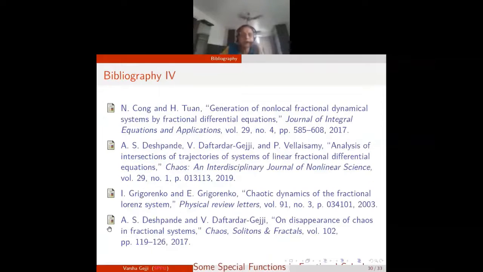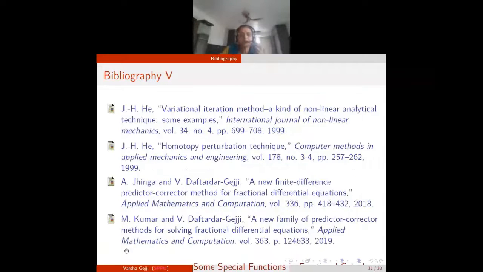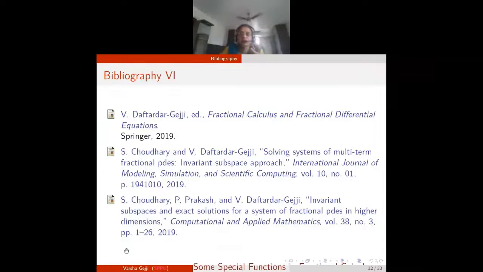So here I have given this little bibliography, where I have enlisted some important papers. There are other methods also, such as homotopy perturbation techniques, variational iteration techniques, Sumudu transform methods, and all of them.